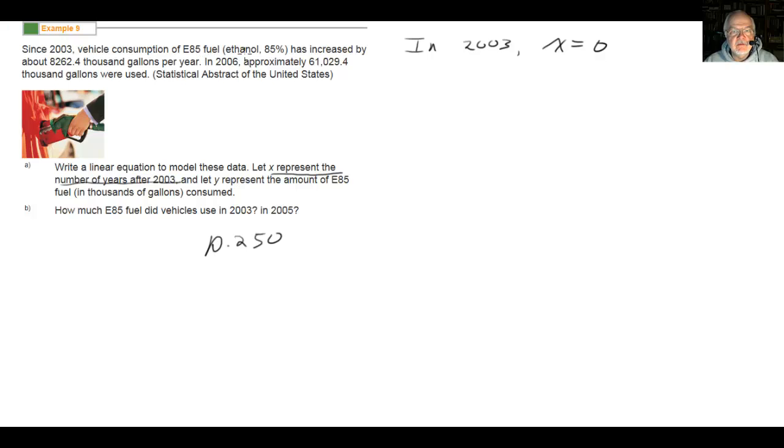Okay, so that's pretty cool. Vehicle consumption of E85 fuel has increased by this amount, 8,262.4, let's put a K in here for 1,000 gallons per year. And I can put a 1 in here, and guess what? This gives me a slope, because a slope is rate of change.